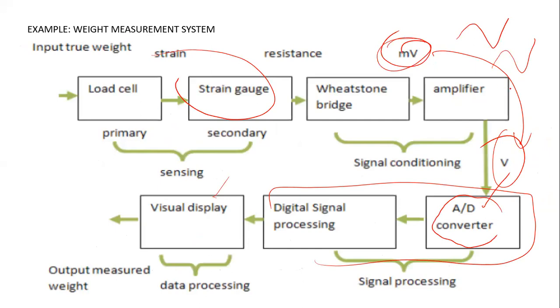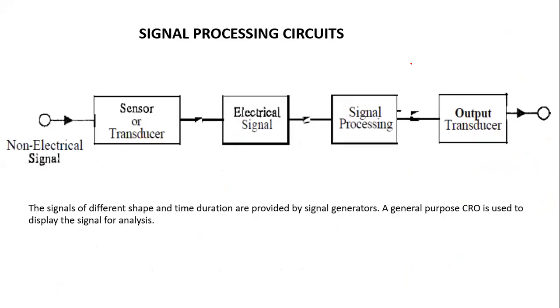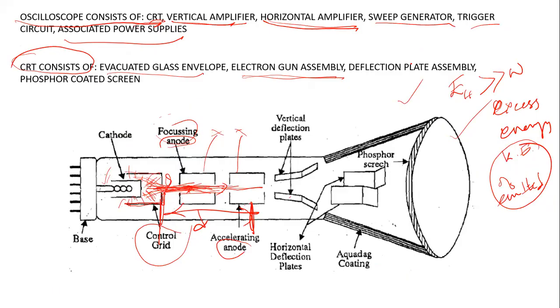So such a small electrical signal will be amplified, and before it is supplied to these vertical deflection plates and the horizontal deflection plates, it passes through what is called vertical amplifier and horizontal amplifier. So after it passes through them, the amplified signal from your detector will be supplied to your vertical deflection plates and horizontal deflection plates.